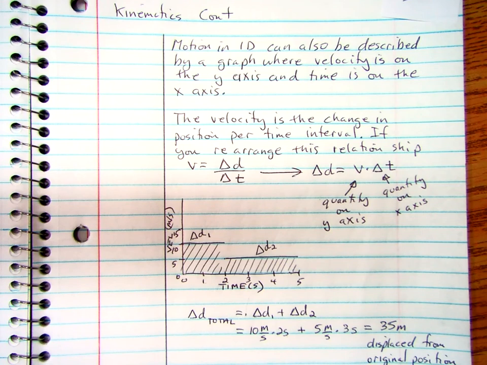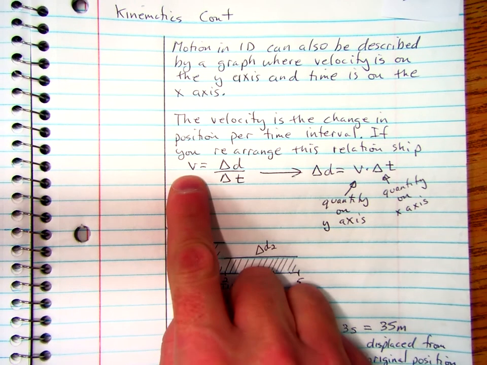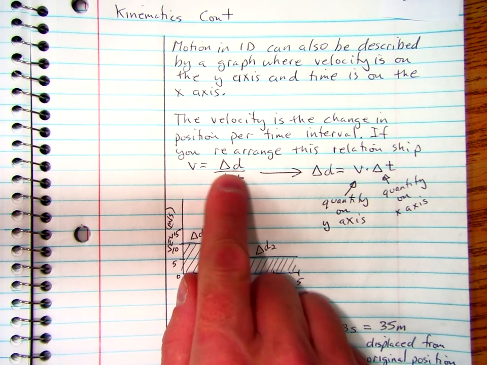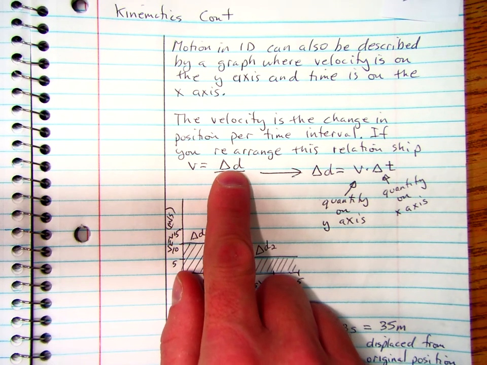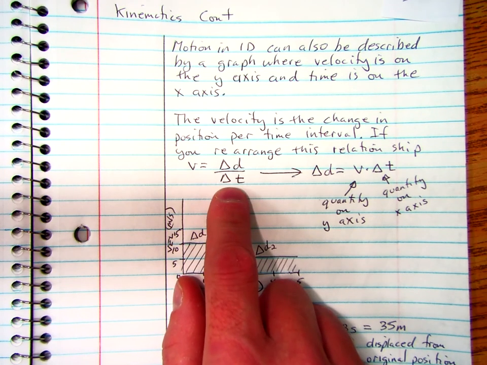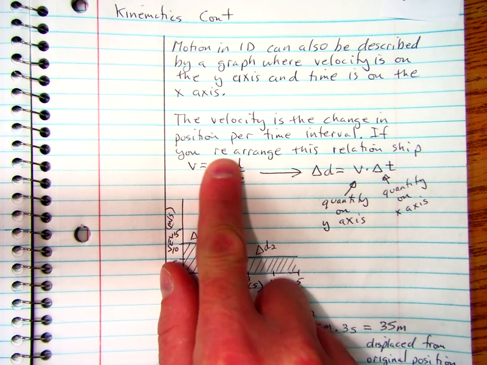The velocity is the change in position per time interval. So we've written this equation, and this equation is v, velocity, is equal to delta d divided by delta t. This is delta d, the change in the position, divided by the change in the time. So this is a mathematical equation.